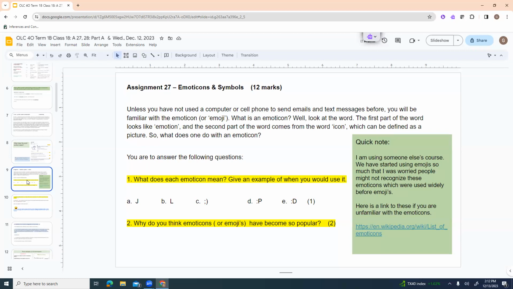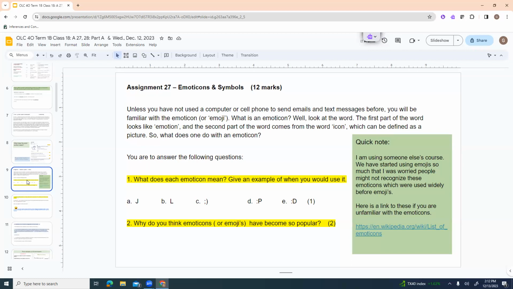So what does one do with an emoticon? Back when I first started using computers, which is a long time ago, these different letters and punctuation marks were often used to create a picture of a face, if you looked at it sideways usually. And it gives you an example of when you would use it.